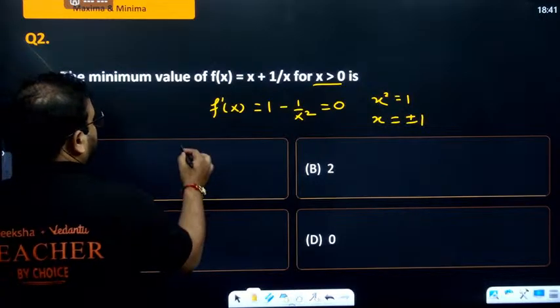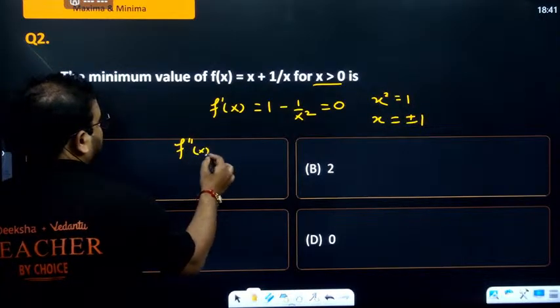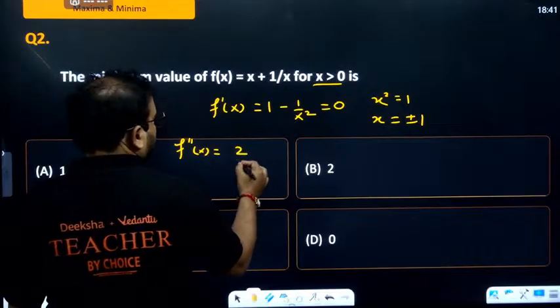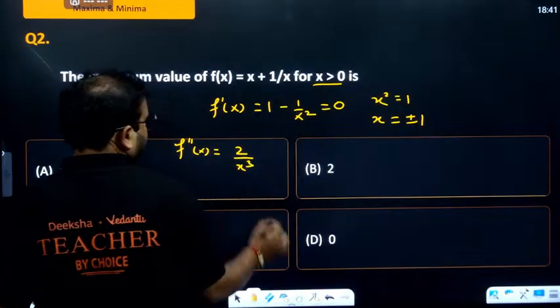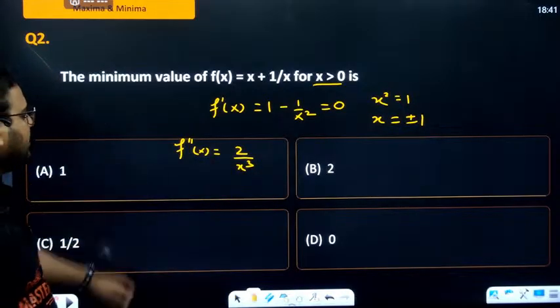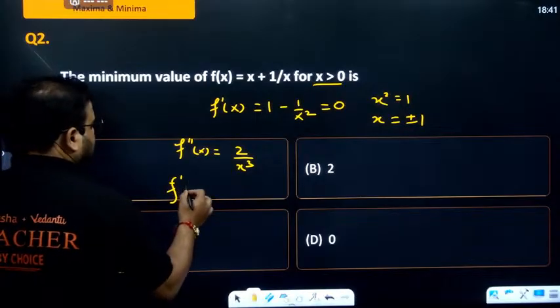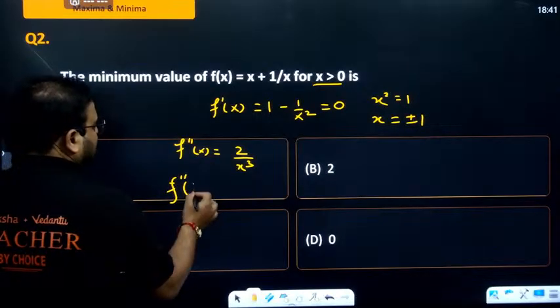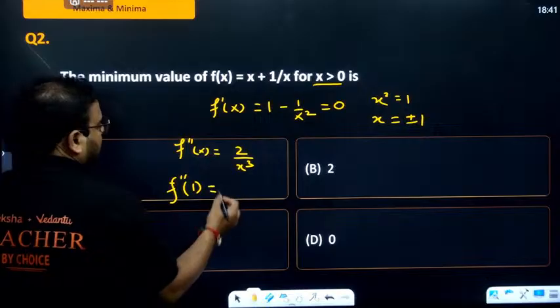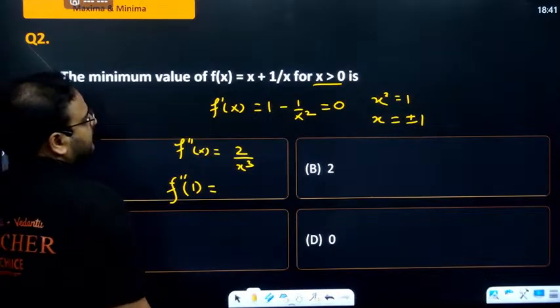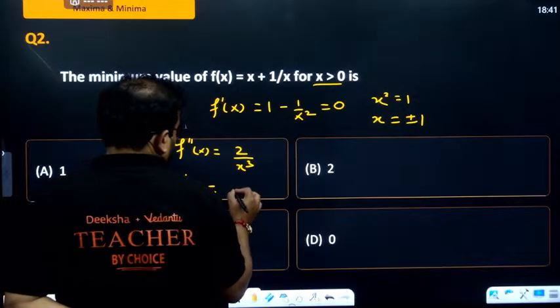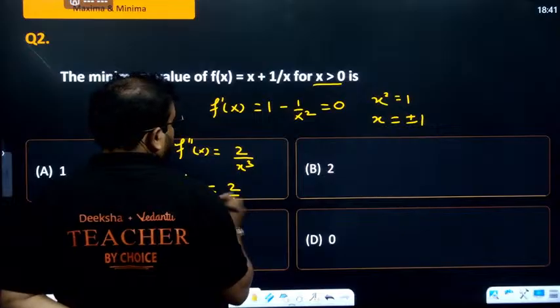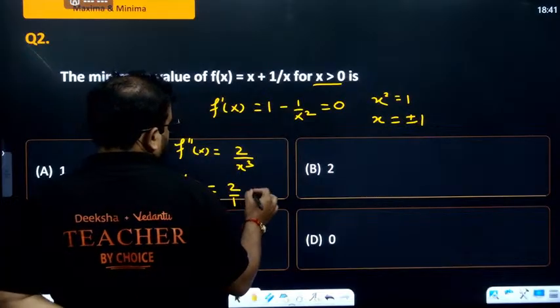I want to find out the double derivative, right? I'll get this value as 2 upon x cube. I want to find the minimum value, right? That will happen when it is positive. So f double dash at 1 will become 2 upon 1, which is of course positive.